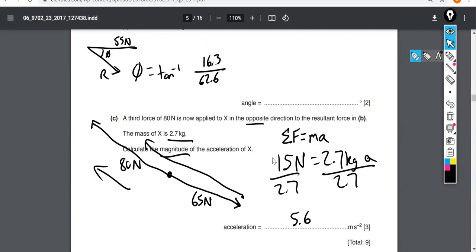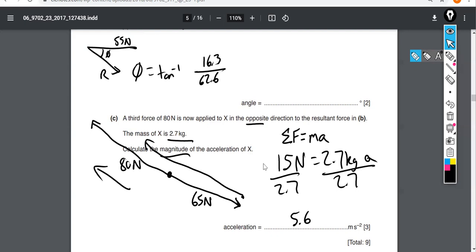If you wanted to call this negative 15, it's like saying I'm assigning this direction as positive, and so this is negative 80. So yeah, it would be negative 15. But it's sort of arbitrary which direction you're calling positive. I could just as easily assign this direction as positive, and then I'd do minus 65 because it opposes it. The important thing is keeping track of if they oppose each other, one is negative relative to the other one.